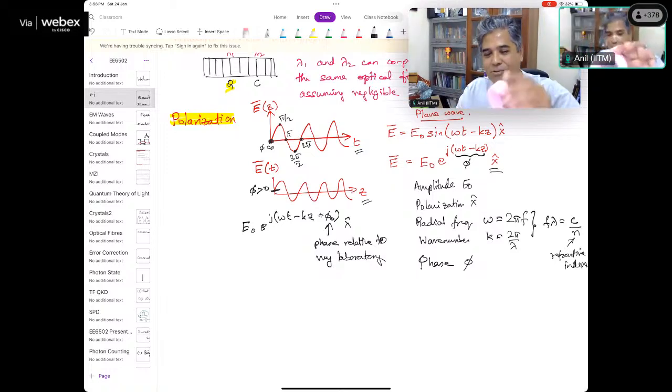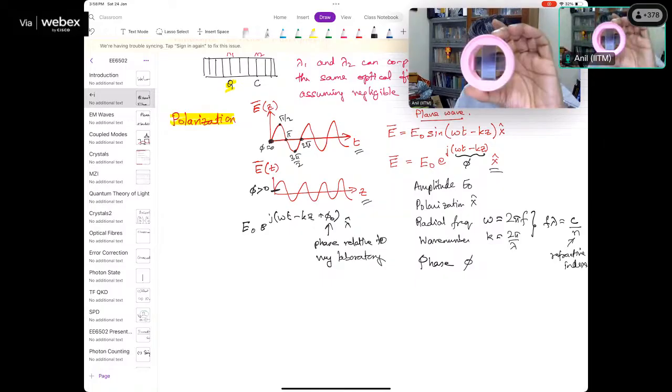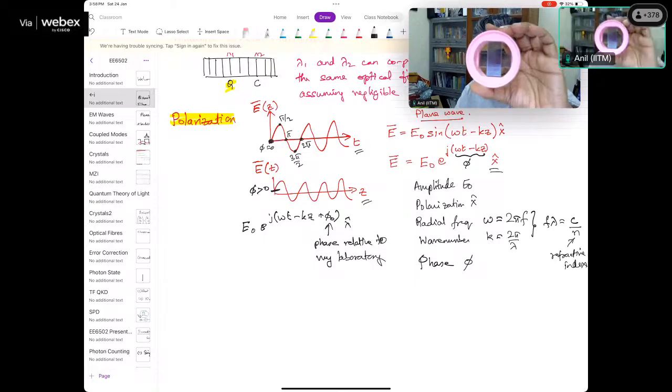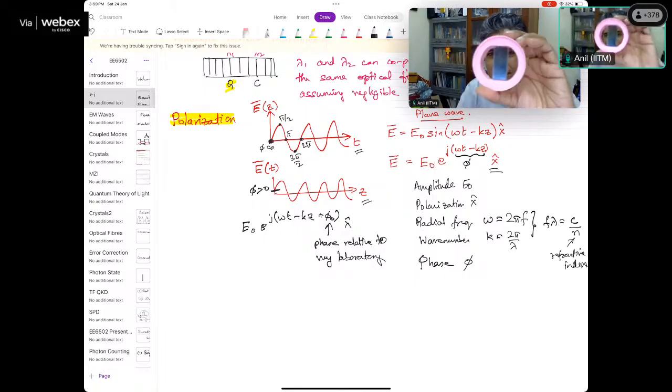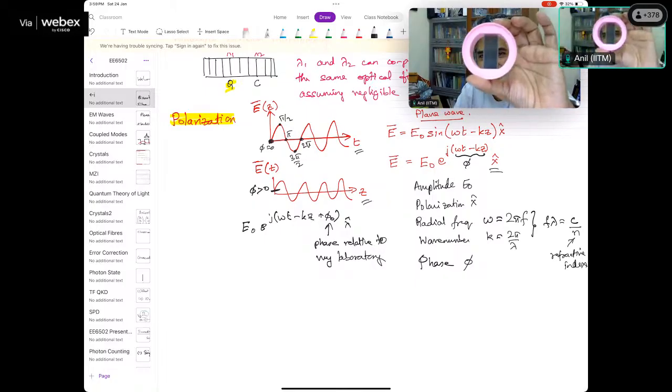Let me try with two. There are two glass slides here, and in the center, it is darker where the two are orthogonal to each other. If I rotate it such that they're parallel to each other, then it's not supposed to be as dark. But I think it's hard for you to see it.